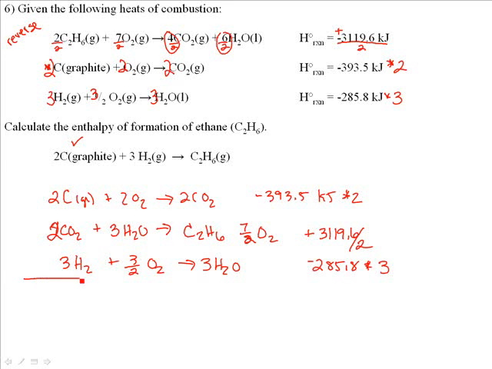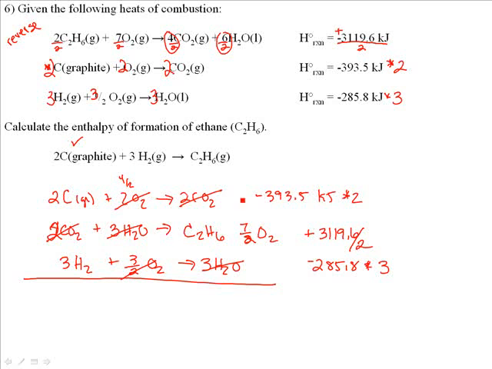Okay, so let's add them together, canceling out everything that should cancel. Carbon graphite is good. Okay, so 2 CO2s, 2 CO2s, 3 waters, 3 waters, 3/2 oxygen plus 2 oxygens. So 2 oxygens is like 4/2. So 4, 5, 6, 7 oxygen, 7/2 oxygen.